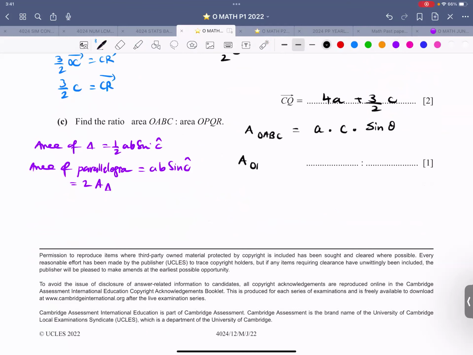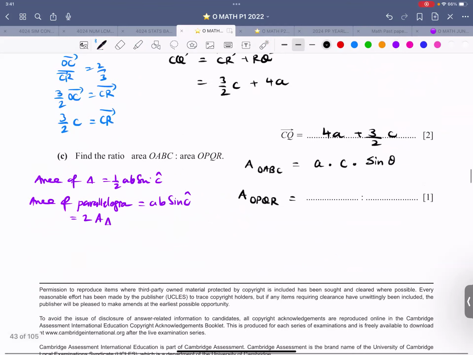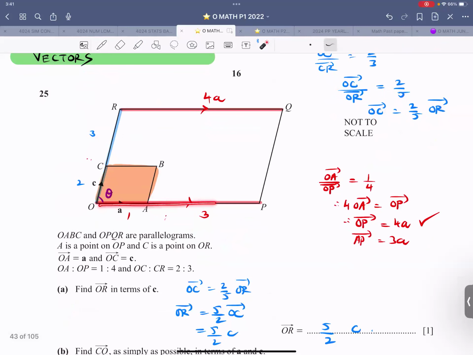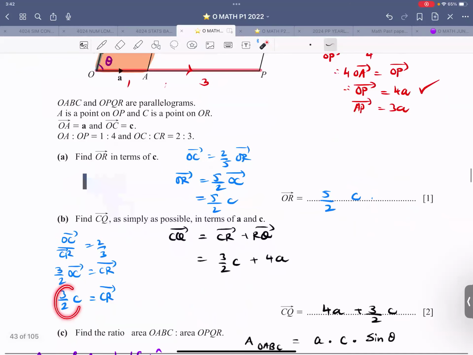Whereas area of OPQR, instead of A, this whole thing is 4A. Instead of this thing being C, this much is C, this is 2.5C, because this is 3/2C.